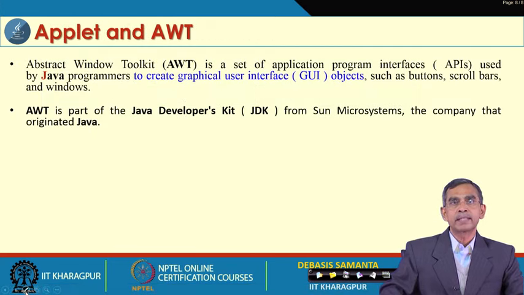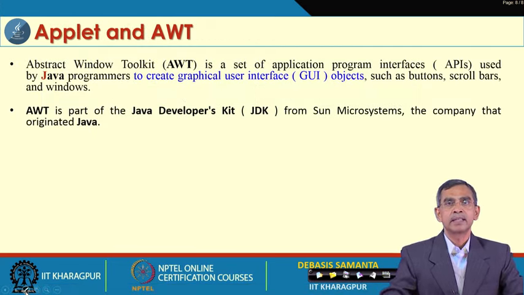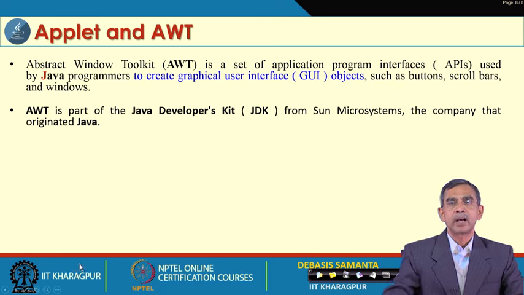Okay, so applet versus AWT, as we have discussed, I hope our understanding is clear. Now, AWT, whether it is free or not: it is a part of the APIs. Whenever you install the JDK, as a part of the JDK installation, the AWT package is automatically installed.